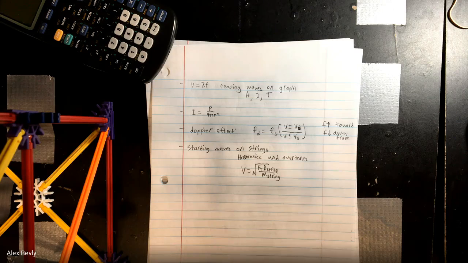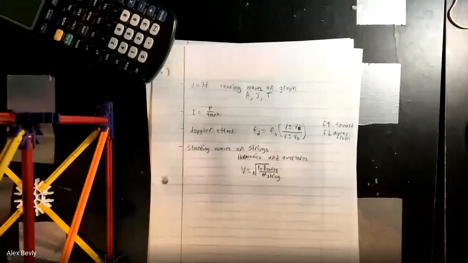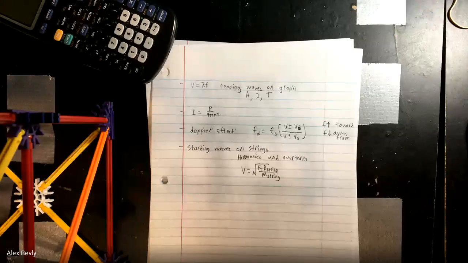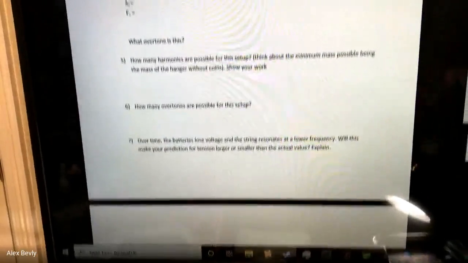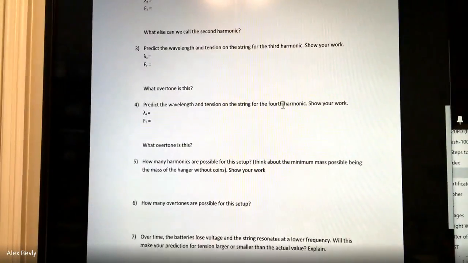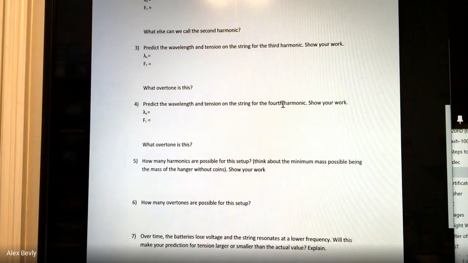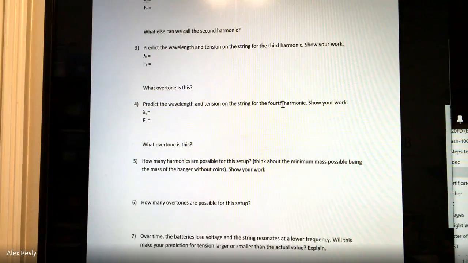So yeah, let's look at the lab then, if there's no other questions. So number 5 on the lab prediction sheet. So yeah, 5 is talking about how many harmonics are possible for the setup. So think about the minimum mass possible being the hanger without coins.